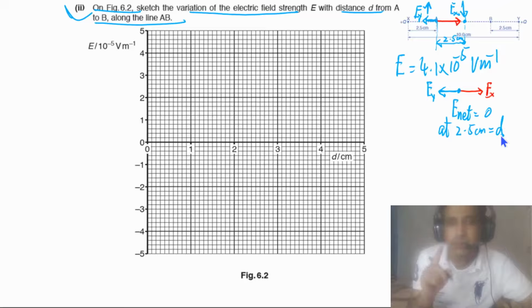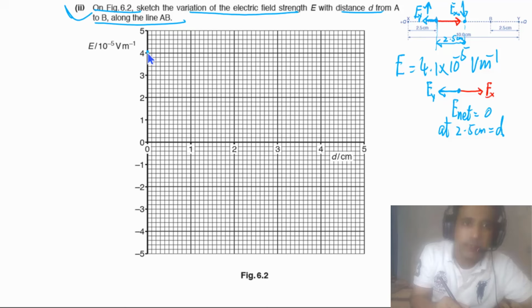So in this case we have 2 points. One point is where we started, where the value of the electric field is 4.1 times 10 to the minus 5. So we can label this point. And the electric field is 0 at 2.5, so here we have 2. This is 2.1, 2.2, 2.3, 2.4, 2.5. So here the electric field has to be 0.